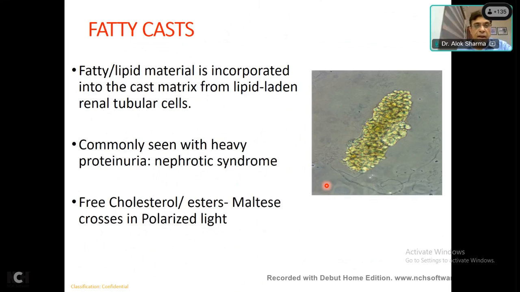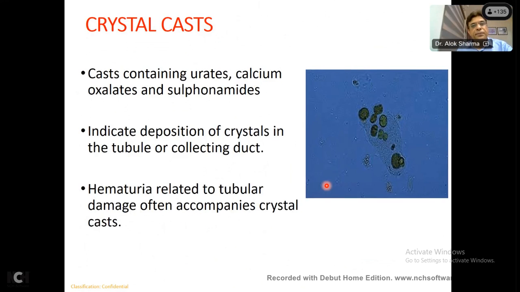I've spoken about the fatty casts, commonly seen in nephrotic syndrome. You just have to polarize your microscope, and you can see nice Maltese crosses, right? And depending on what crystals are in urine, sometimes these crystals can become incorporated as a part of those waxy casts or hyaline casts and cause crystal casts.